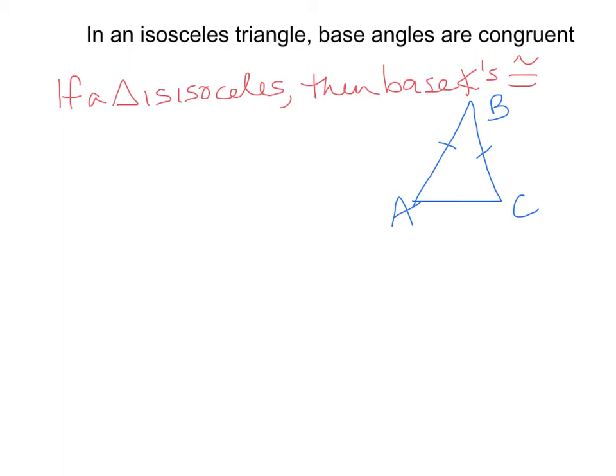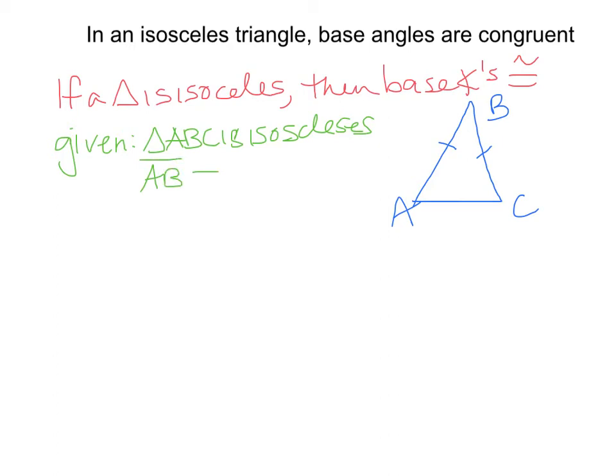Okay, the next thing I would like you to do is, based on your drawing and your conditional, write a given and prove statement. So pause your video and try that. Okay, so if you've done that, you hopefully have given that this is isosceles, or you could have had that AB is congruent to BC.